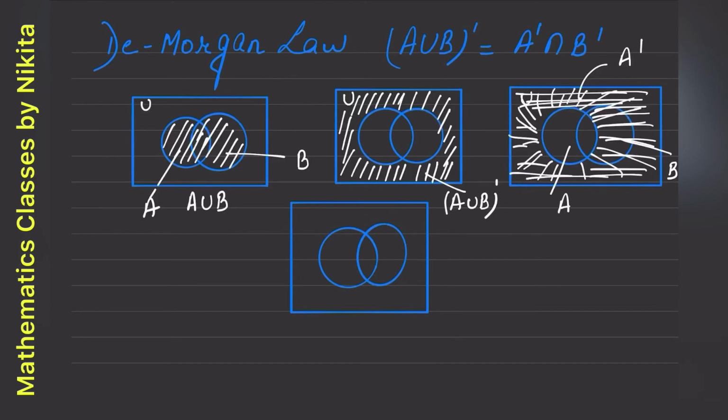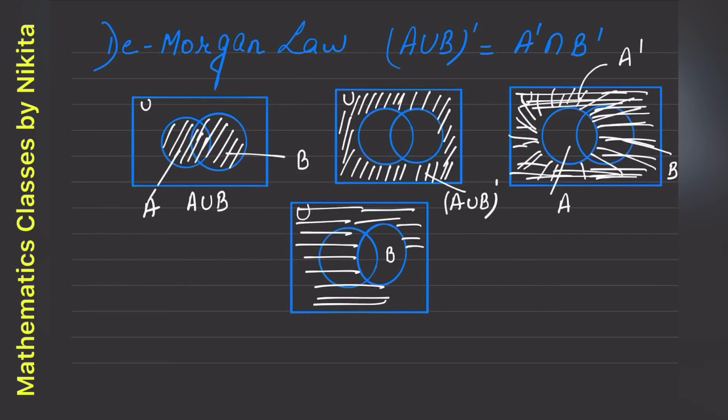So this shaded region is basically A complement. And what is B complement? Since this is B, B complement will be all the elements outside B. So this is your B complement.